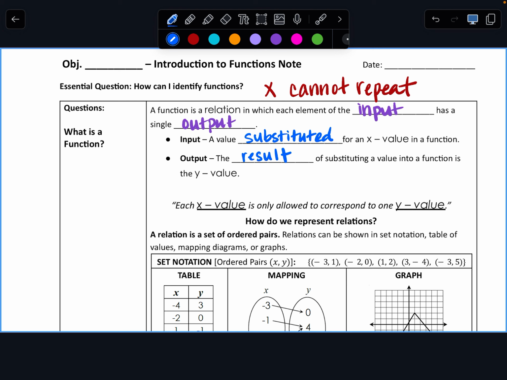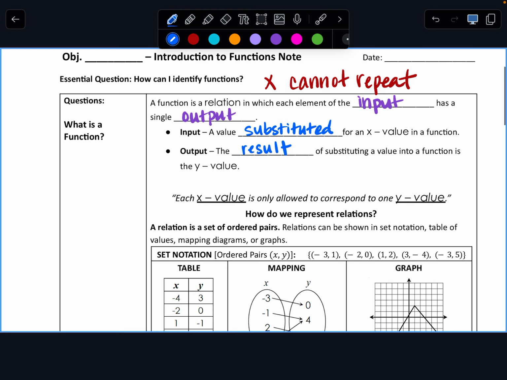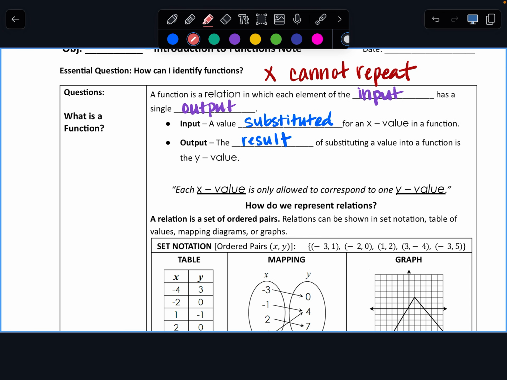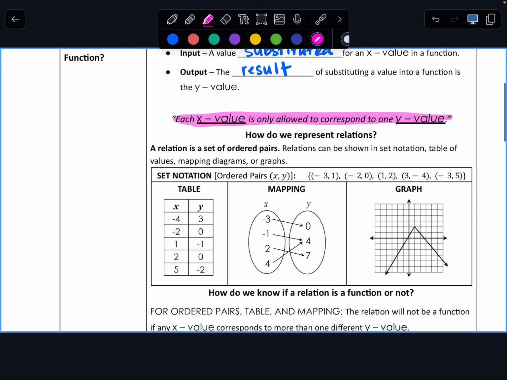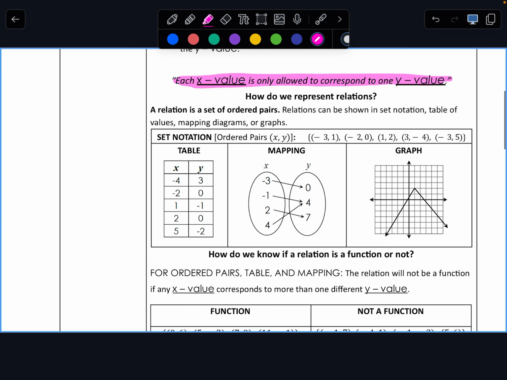So x is the input, y is the output. Each x value is only allowed to correspond to one y value. In other words, like we said in the beginning, x cannot repeat and have a different output. So each time you put in an x value, if it's a function, you're only going to get one y value. So there are different ways that we look at relations.